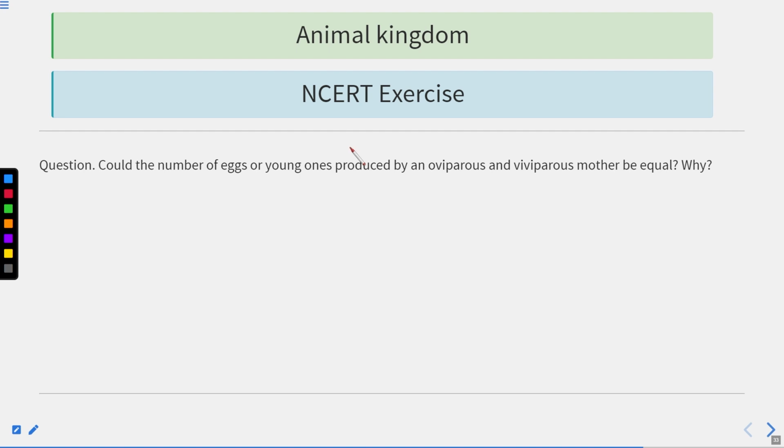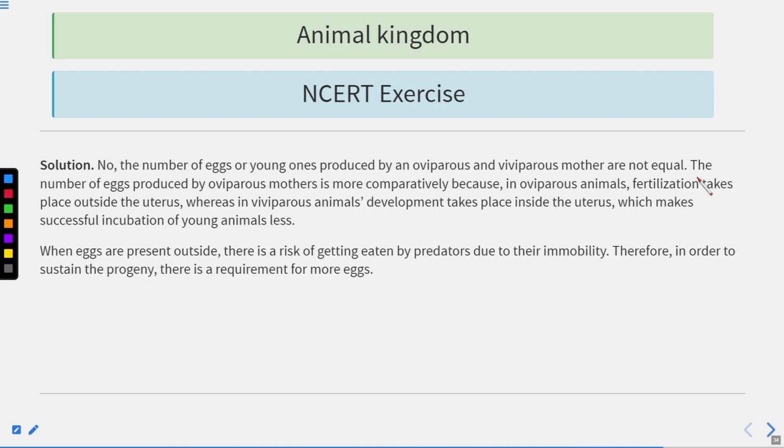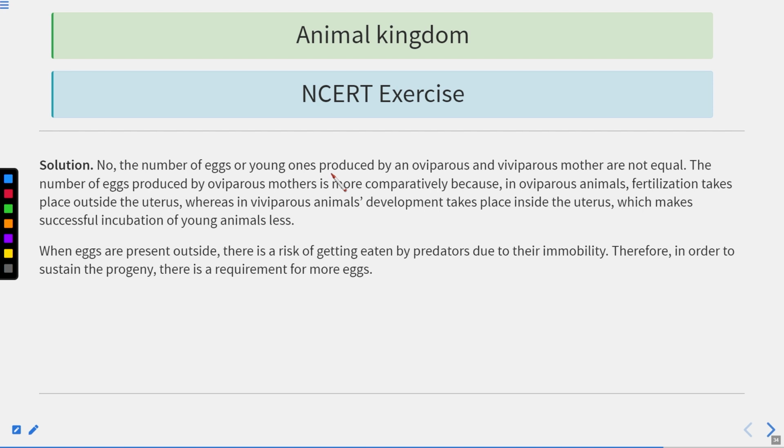Next question. Could the number of eggs or young ones produced by the oviparous and viviparous mother be equal? Why? No, the number of eggs or young ones produced by oviparous and viviparous mothers is not equal.